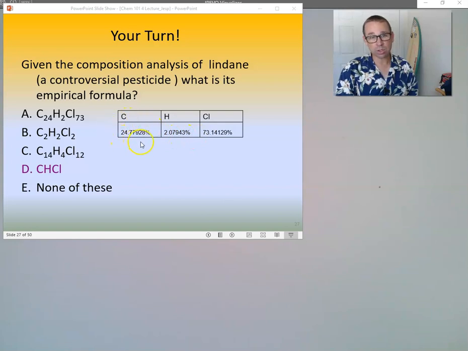All we had to do was assume we had 100 grams of this material and then say, okay, if I had 24.77 grams of carbon, how many moles of carbon would that be? If I had 2.07 grams of hydrogen, how many moles? And so forth. And then when we knew the moles, we could simplify those values to whole numbers and then find out the empirical formula.